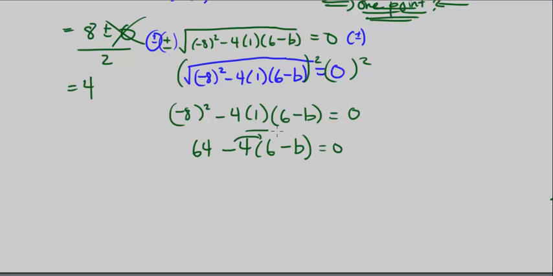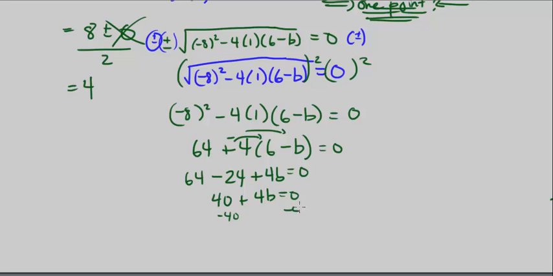We're going to distribute that negative 4, so it's 64 minus 6 times 4, which is minus 24. Negative 4 times negative b is plus 4b equals 0. 64 minus 24, we can simplify, that's just 40, plus 4b equals 0.